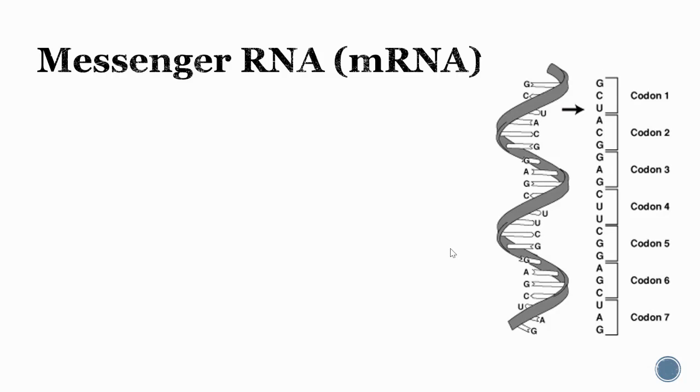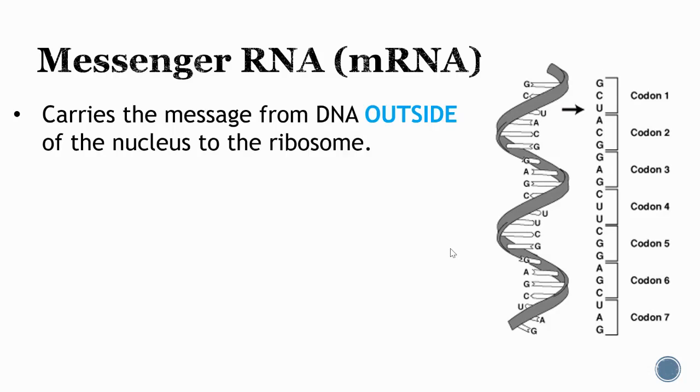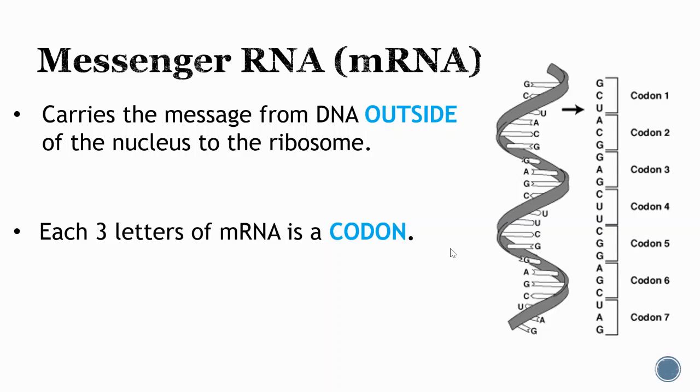Now, if you look at messenger RNA, okay, we already know that it carries the message from DNA outside of the nucleus, and it's going to bring it to the ribosome. Now, if you look at that message, we can break it down into groups of 3 letters. And we call those groups codons.